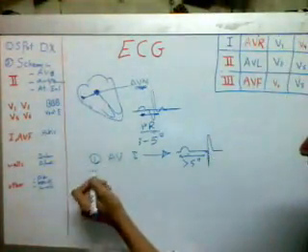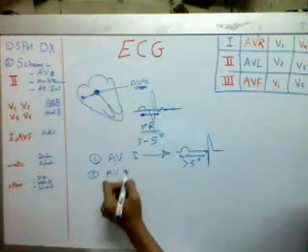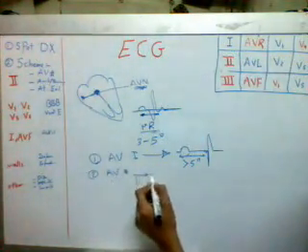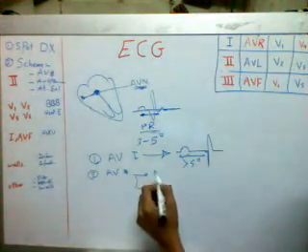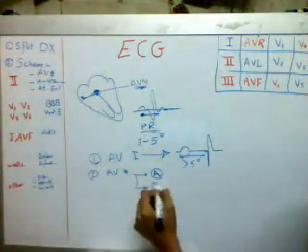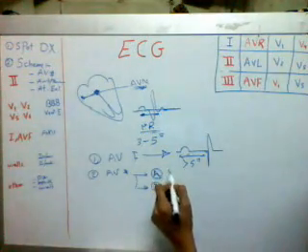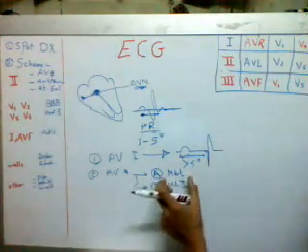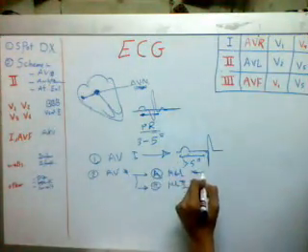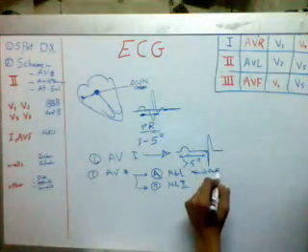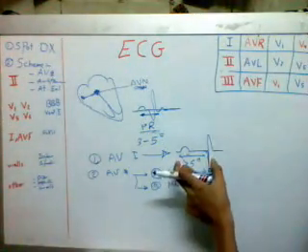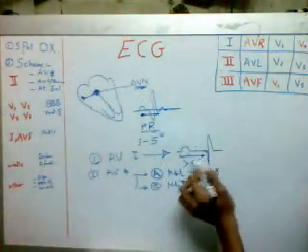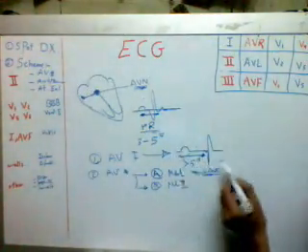What about second-degree AV block? In second-degree AV block there are subtypes, Mobitz type 1 or Mobitz type 2. Mobitz type 1 is called Wenckebach. What is meant by Wenckebach? There is ischemia in the AV node, and the PR interval increases, but regularly.